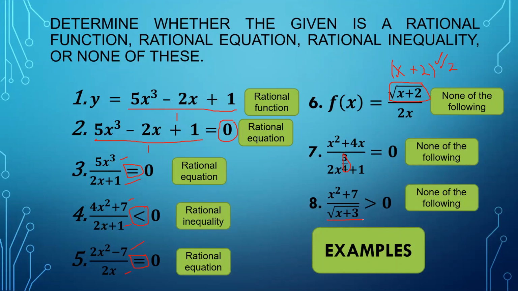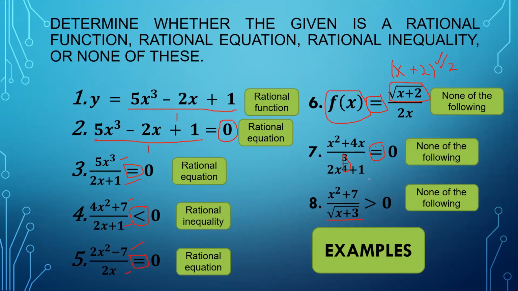So again, here, as you observe, even though it is separated by an equal sign, it does not always follow that the given equation is a rational equation. Then, even though it is separated by an equal sign and it is represented by f of x, it does not always guarantee that the given function is a rational function.